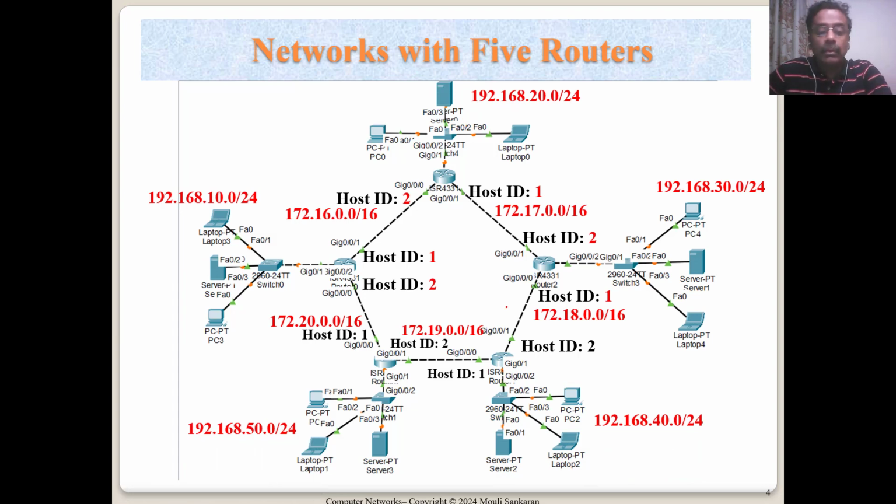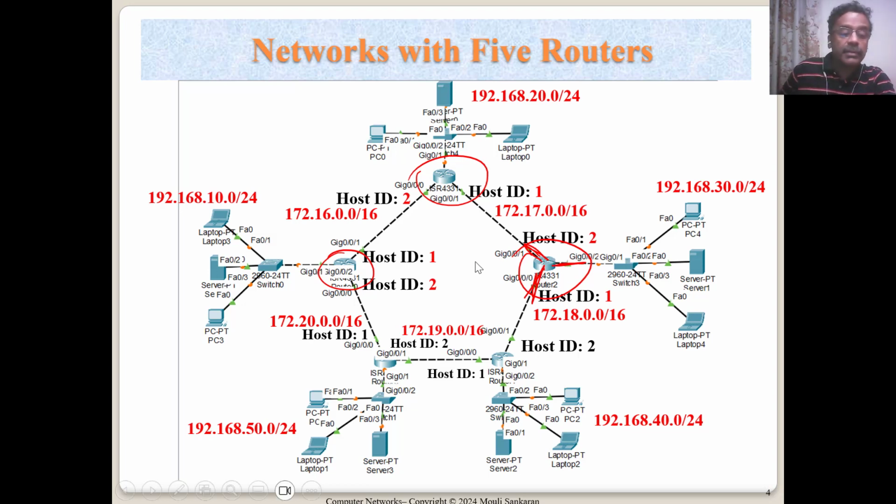Now there are 5 routers connected to each other through an interface, a single line. But you know that a router is always on the border of multiple networks. So here 3 interfaces are there, and these 3 interfaces are on 3 different networks.